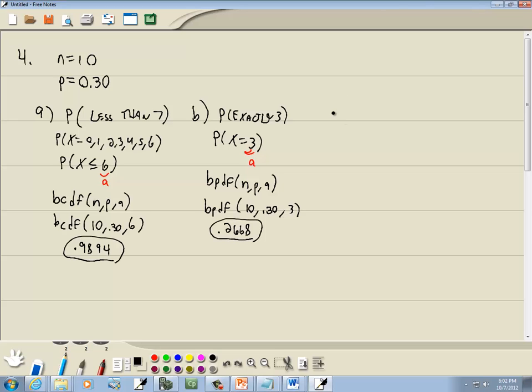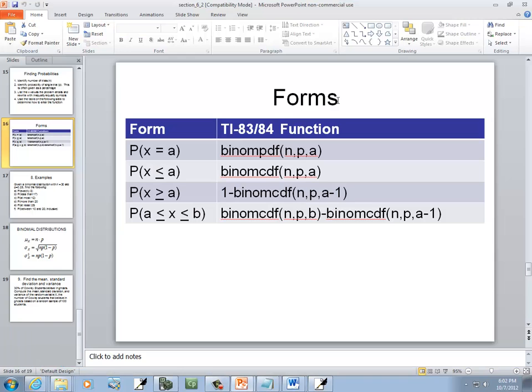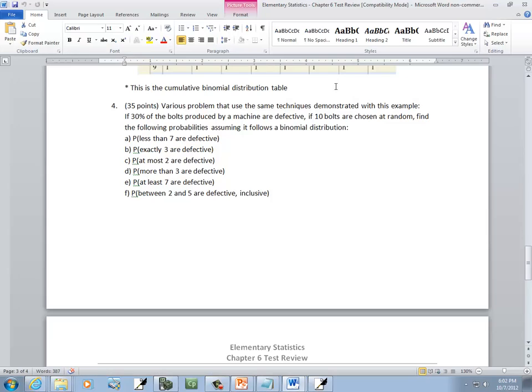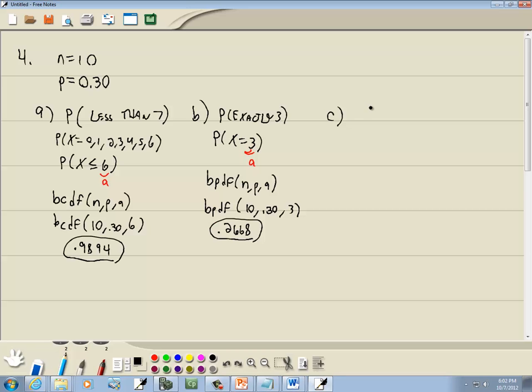Okay, so C. At most 2. Well, that means let's list the x values. That'd be 0, 1, 2. If I put this in the inequality form, this would be x is less than or equal to 2.